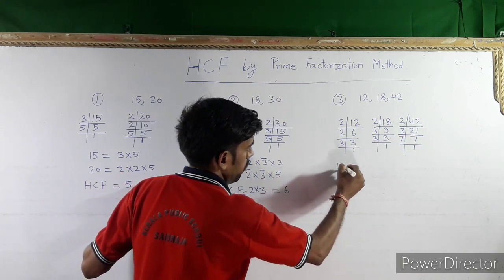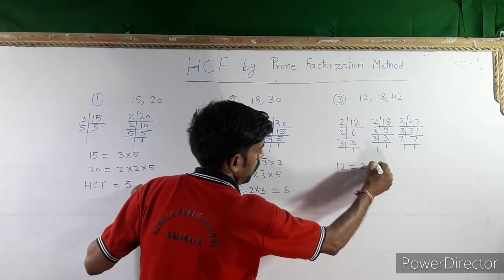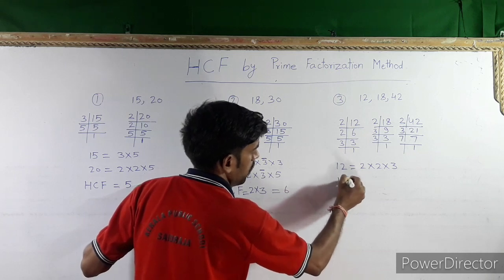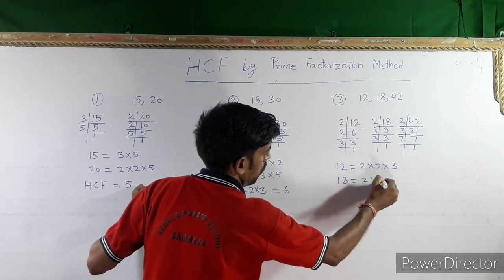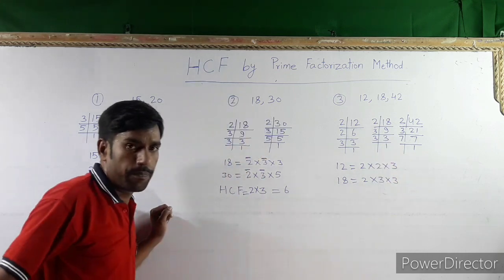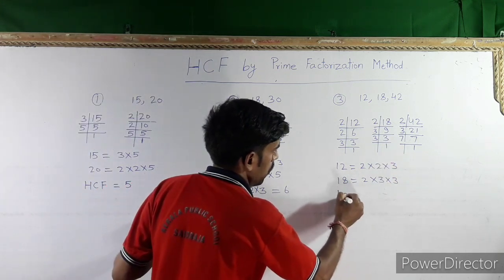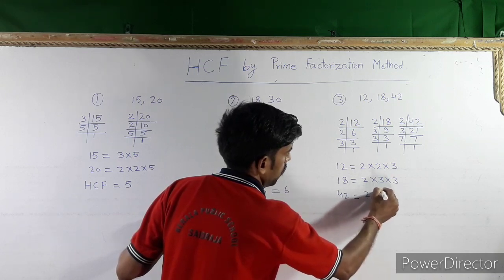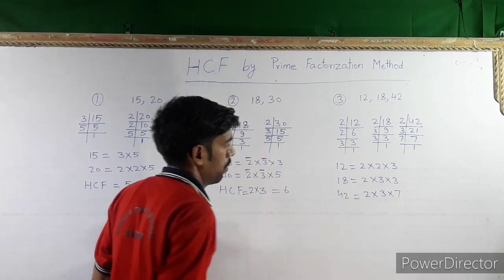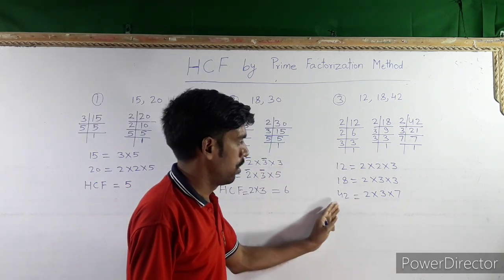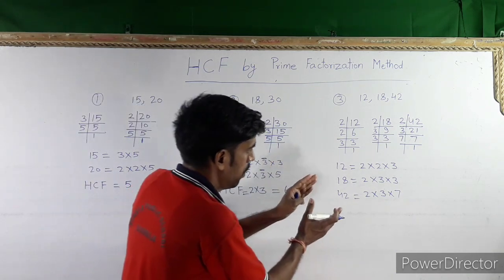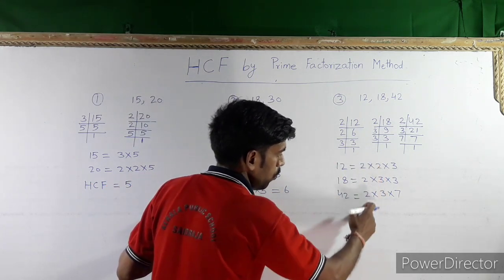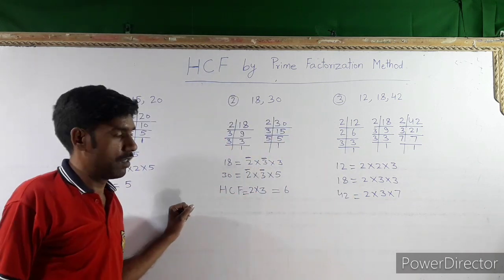So 12 is equal to 2 into 2 into 3, 18 is equal to 2 into 3 into 3, and 42 is equal to 2 into 3 into 7. Now we have 3 numbers, so only take the factors which are included in all 3 numbers.